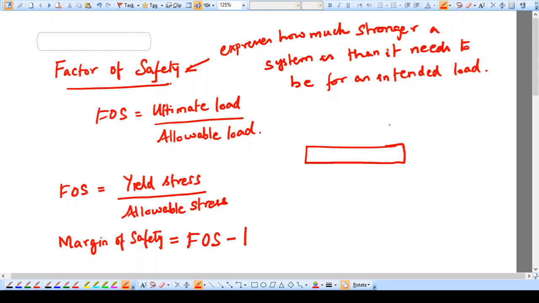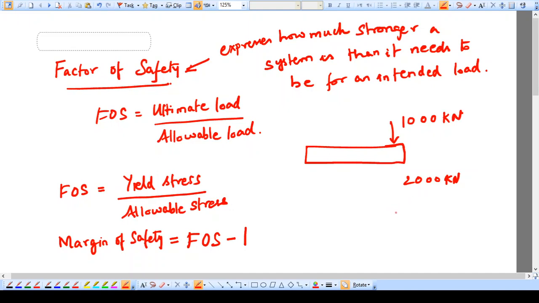This structural member is subjected to a load of 1000 kilonewton. So what happens if the load exceeds 1000 kilonewton? Even at 2000 kilonewton, the structure may withstand the force without breaking, but at some time what happens is the structural member may fail on the application of a force.